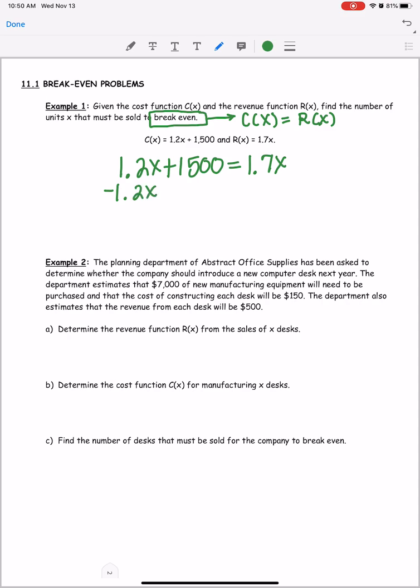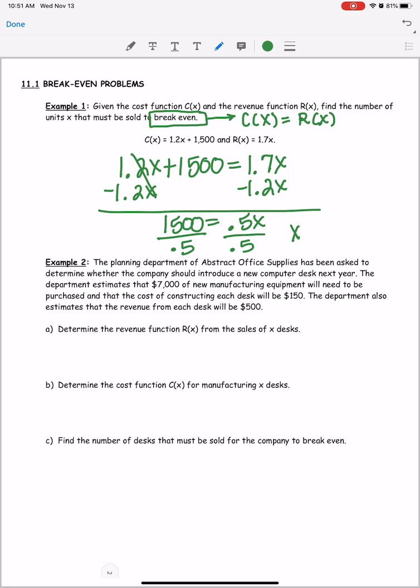We'll subtract over our 1.2x. That cancels, and I'm left with 1,500 equals 0.5x. Divide both sides by 0.5, and my x equals 3,000.